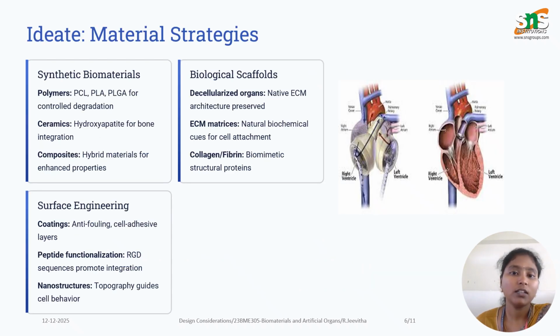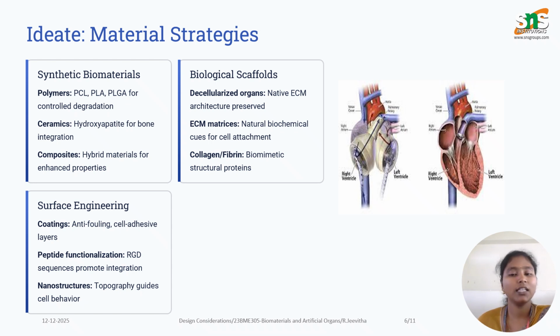And in the ideation phase, we think about what material we can choose. One category is synthetic biomaterials. Polymers like PCL, PLA, and PLGA are useful because they degrade slowly but support tissue regeneration. Ceramics like hydroxyapatite are ideal for bone related applications. And composite materials combine two or more materials to improve the strength and functionality.